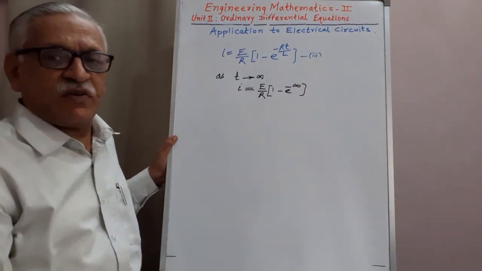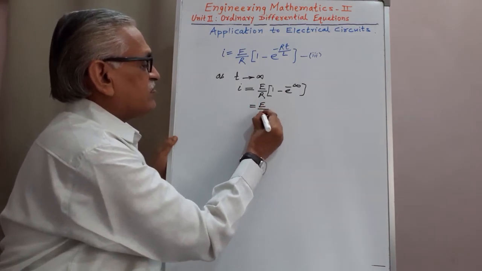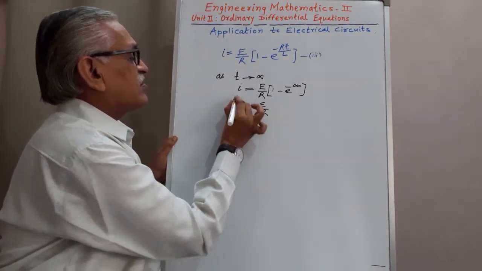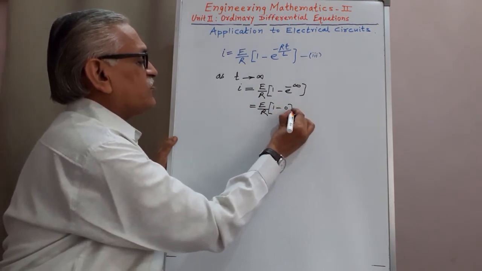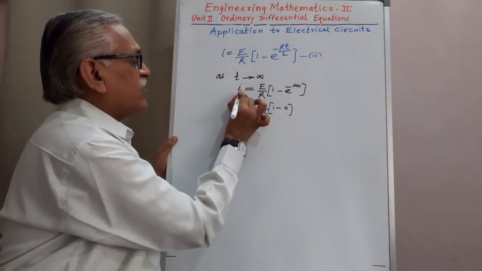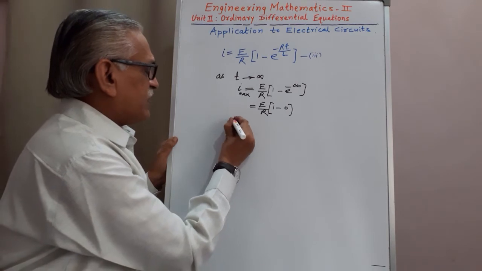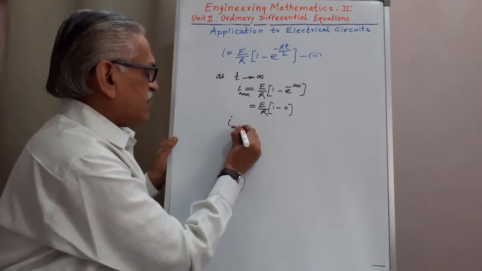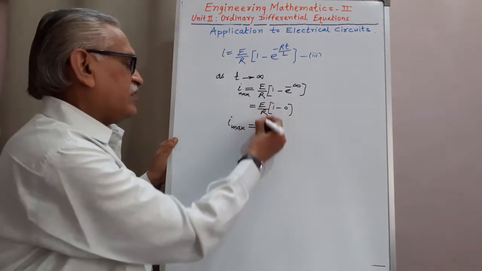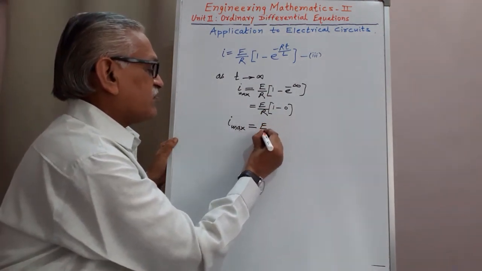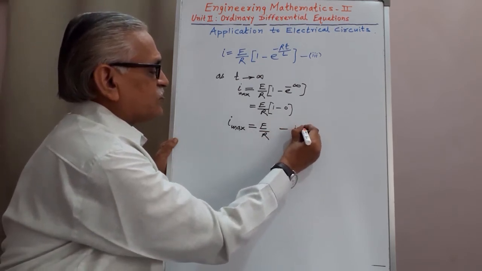We know that e raised to minus infinity is 0, and therefore it is E by R into 1 minus 0, and that value we are calling as Imax. Therefore, the maximum value of that current when t is infinity is E by R. We call this equation number 4.